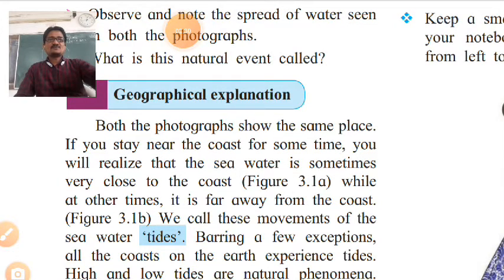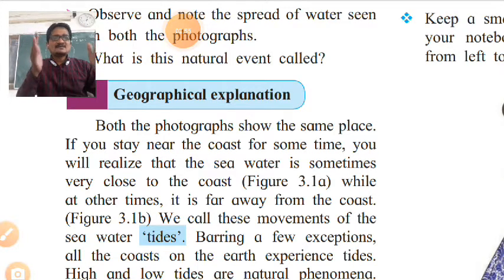Both the photographs show the same place. If you stay near the coast for some time, you will realize that the sea water is sometimes very close to the coast. In figure number 3.1a, it is very close, while at other times it is far away from the coast. So in figure number 3.1b, it is far away, as I said.